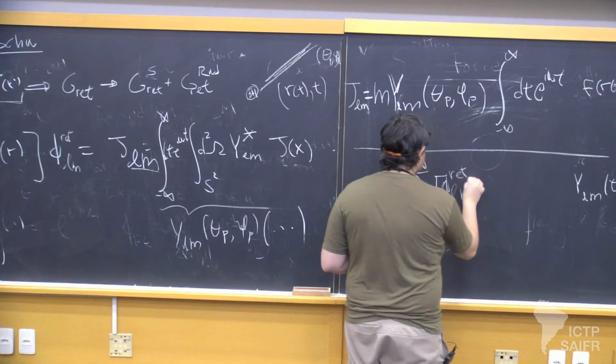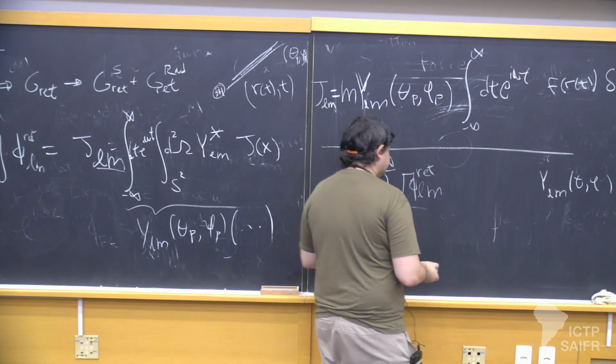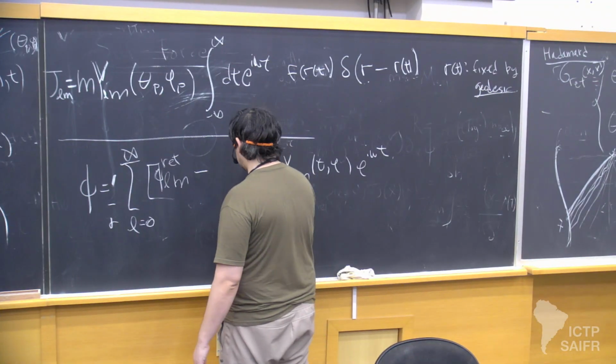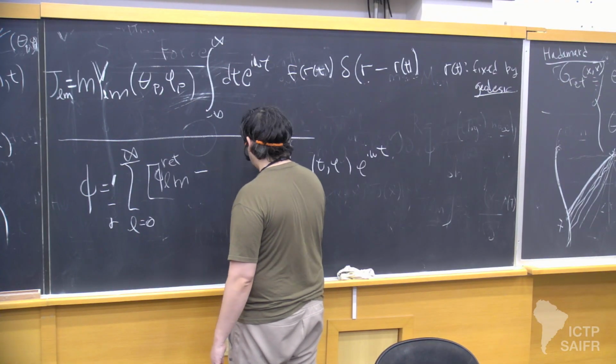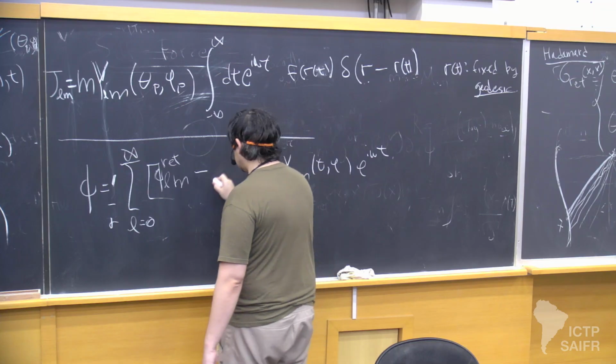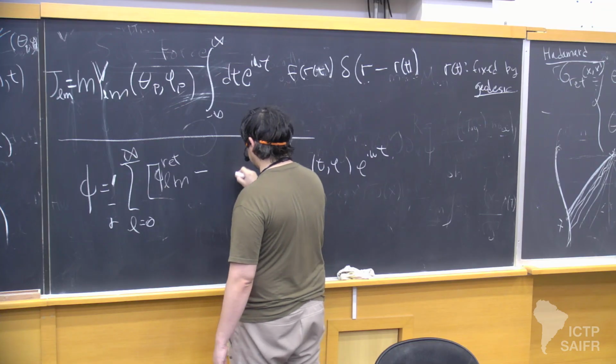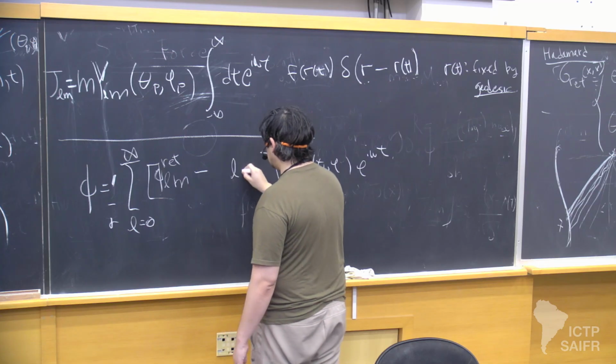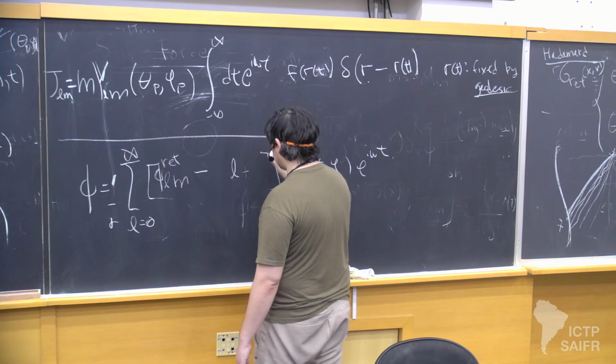But subtracting terms that are blowing up after I sum over L. So all I need to do is show you how to subtract terms that are dependent on L. So there is a term that goes like this. There's a linear term. And then there's a term that goes like L to the 0.